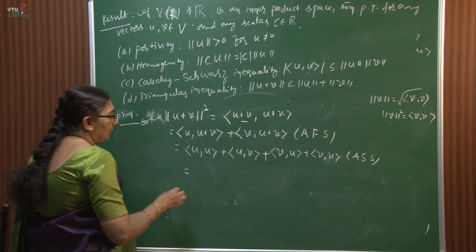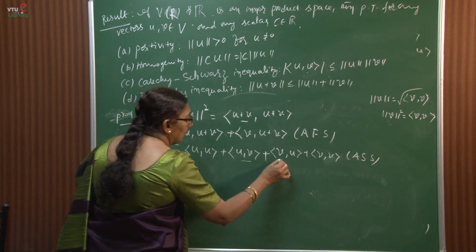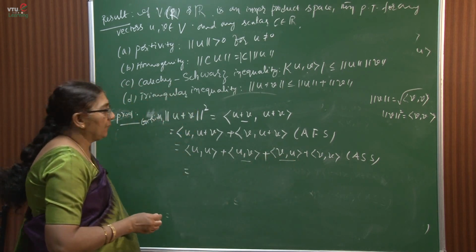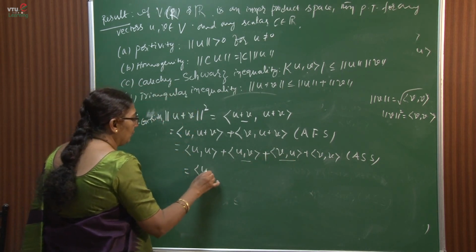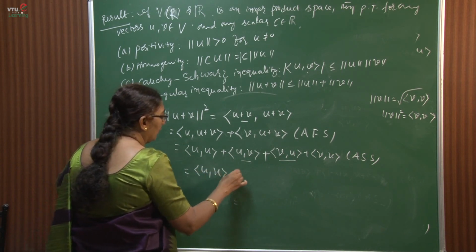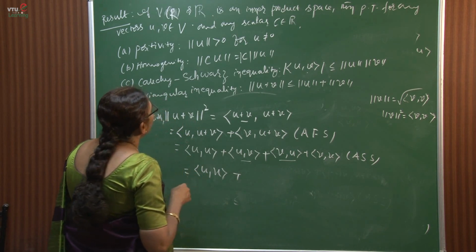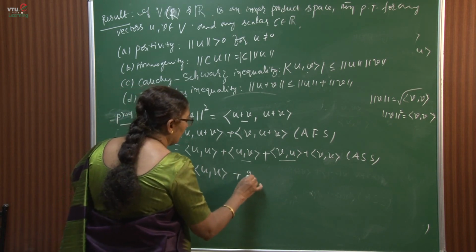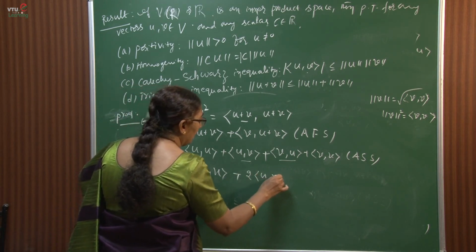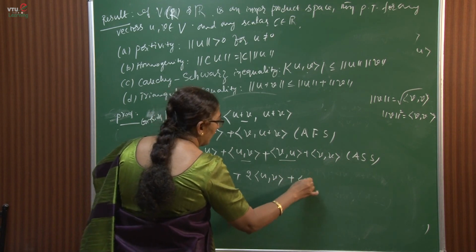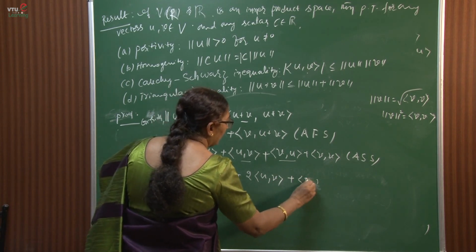Now, you know that inner product of v comma u is the conjugate of inner product of u comma v, and inner product of u comma u is norm of u square. So this is 2 times the inner product of u comma v plus inner product of u comma v.